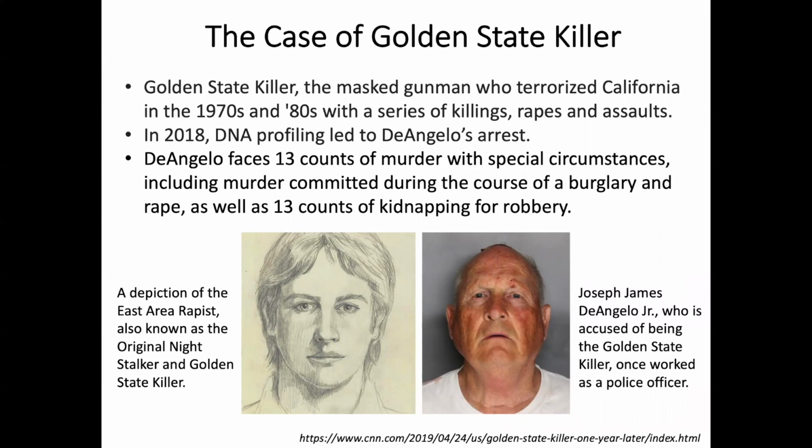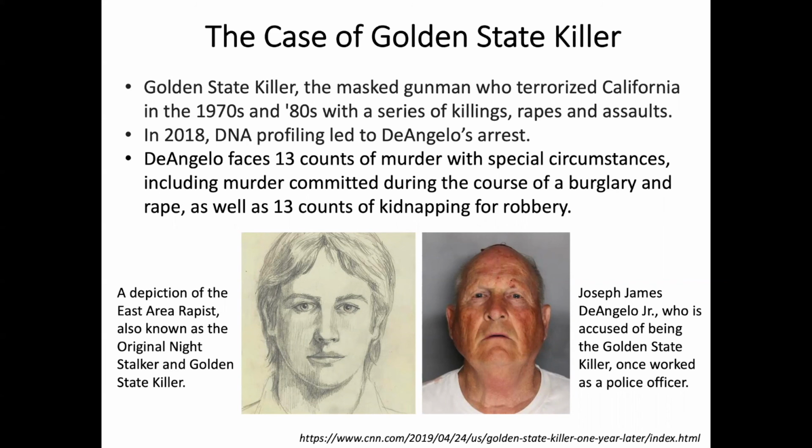Authorities used a DNA database called GEDmatch to try to track down the killer who had evaded them for decades. They created a profile with crime scene DNA, and in April 2018, DeAngelo's name emerged in what investigators believed was a pool of possible suspects.